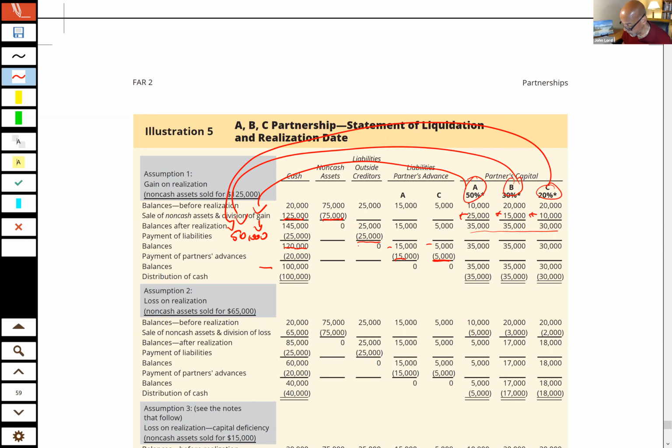Well, there's 25,000 that's owed to these guys, and then 15,000, it's saying advance. Payment of partners' advances, because it's not subtracting it from their capital accounts, right? Okay, so they lent to the partnership.